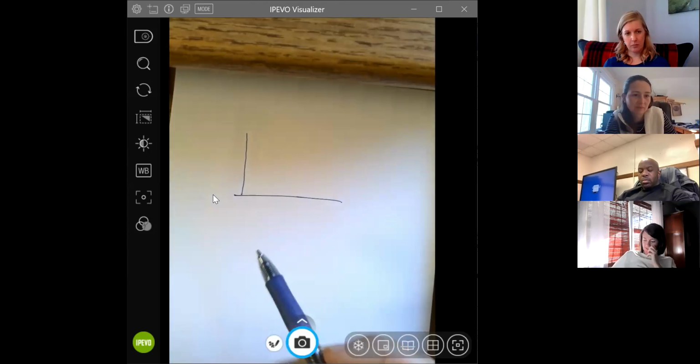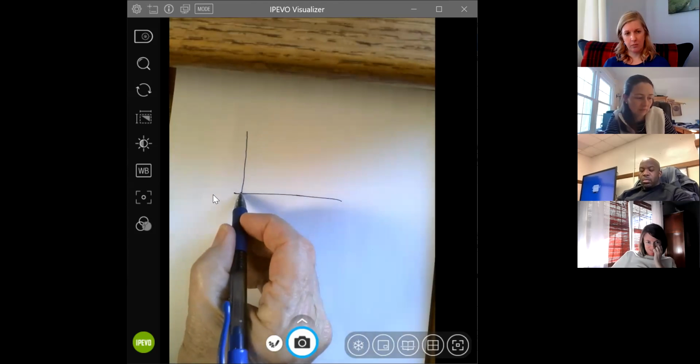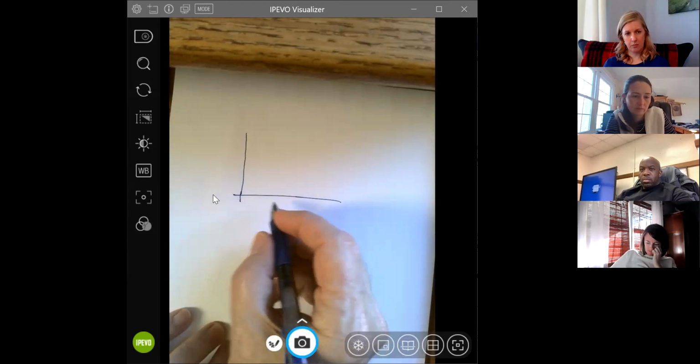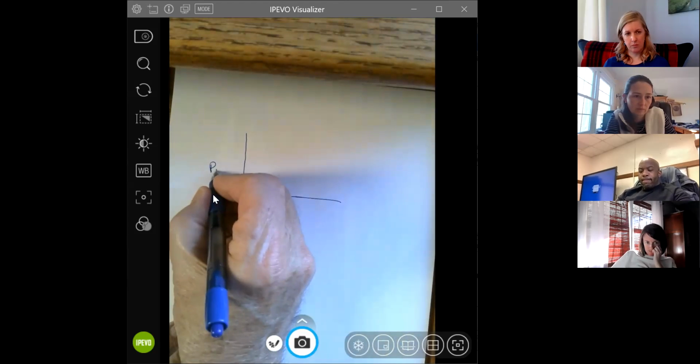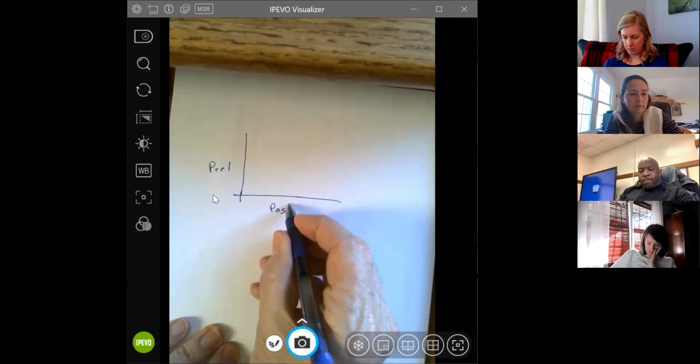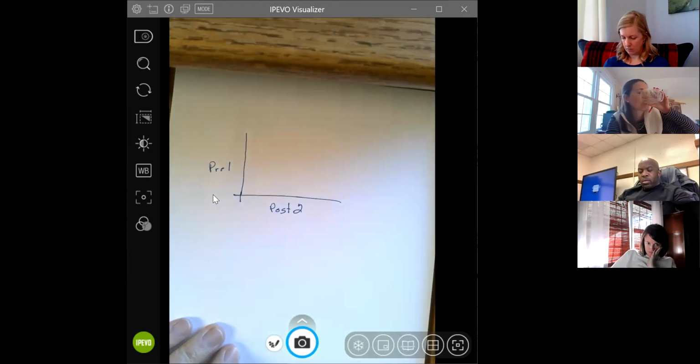If you're looking at a graph, on one side is pre-1 scores, and on the other side is post-2 scores.